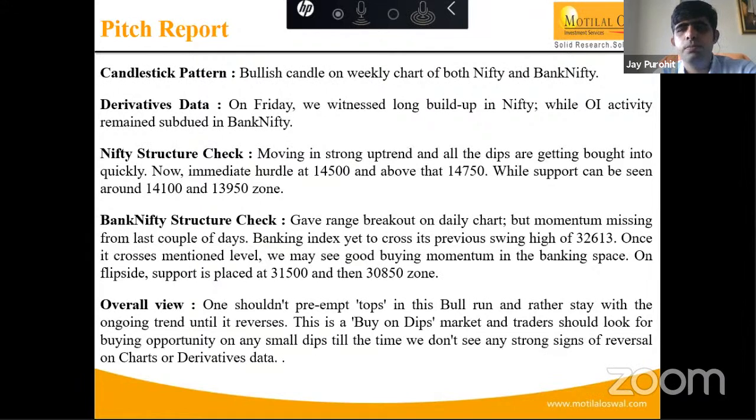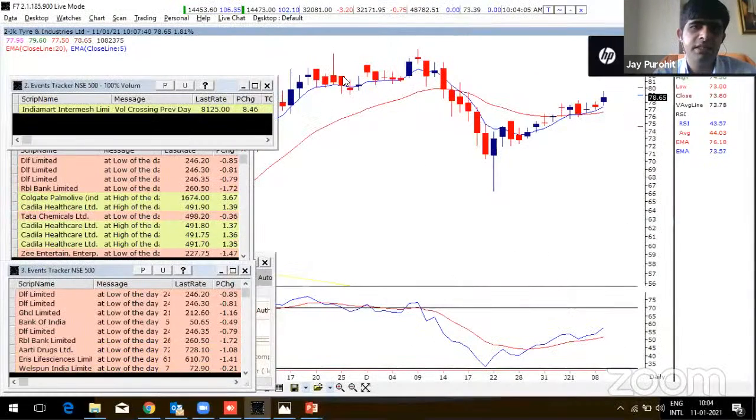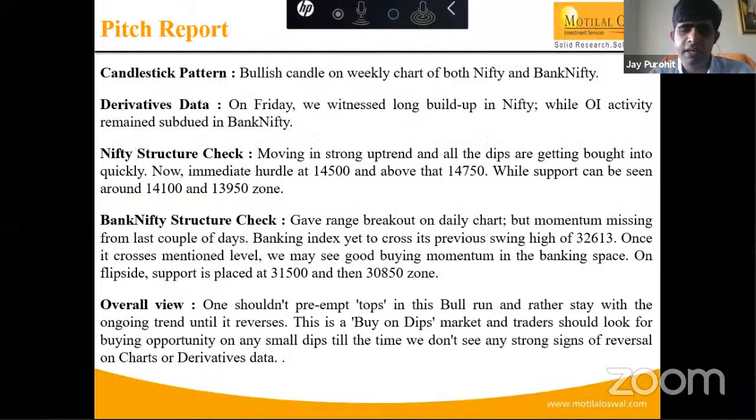Okay, so yes, on Friday the index made an all-time high of around 14,367, and today we are seeing that Nifty is up by around another 100 points, and it is moving well above 14,450 kind of levels. Now the immediate hurdle is placed around the 14,500-550 zone. Above that, 14,750 is the next hurdle.